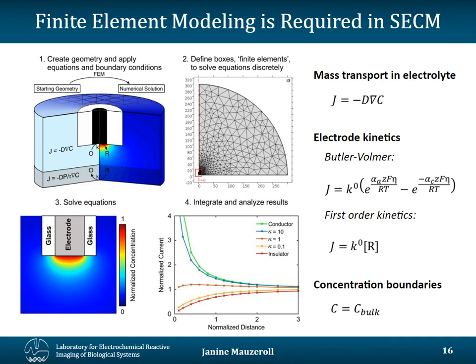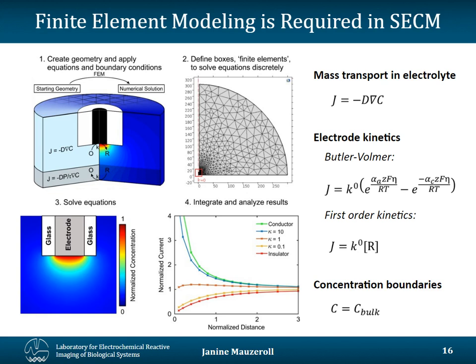Once you've solved them, then we see on panel 3 on the lower left-hand side, you can obtain concentration profiles close to the electrode surface or close to the substrate if you would like. Once you have access to these concentration profiles, you can then reproduce the approach curves, which are presented in panel 4 on the lower right-hand side.